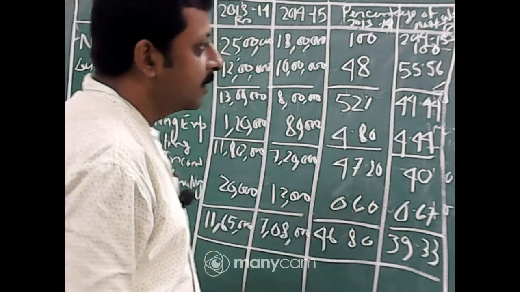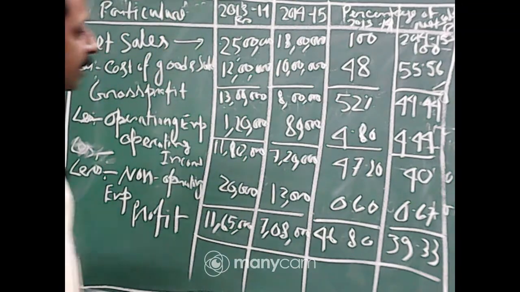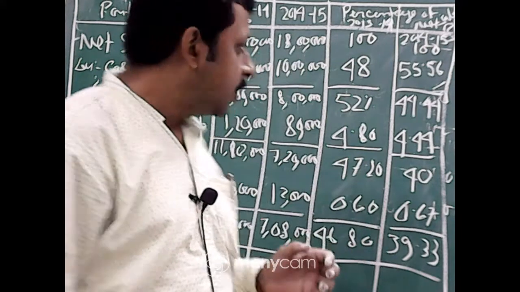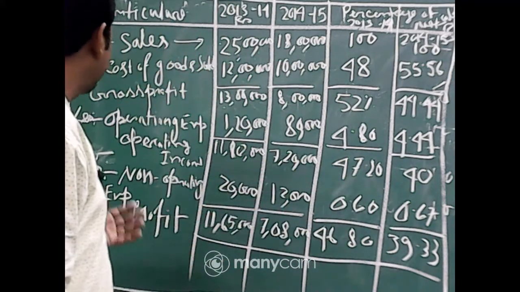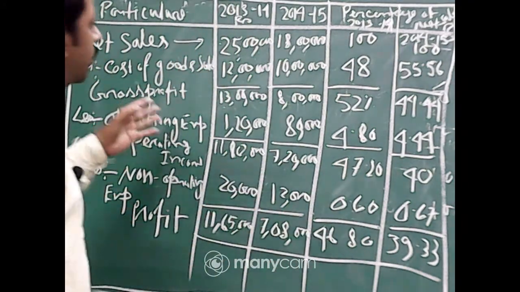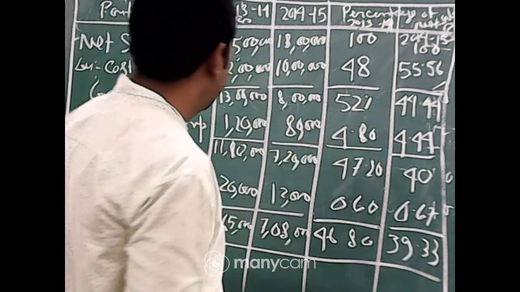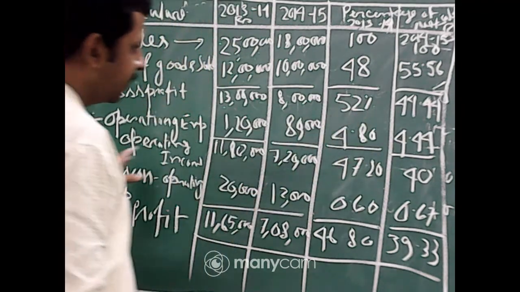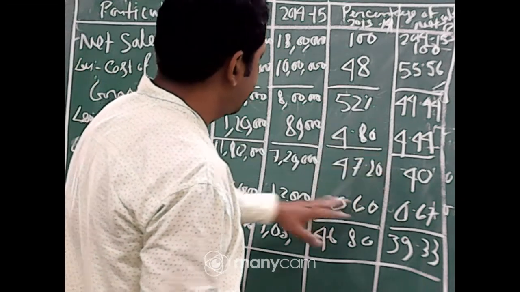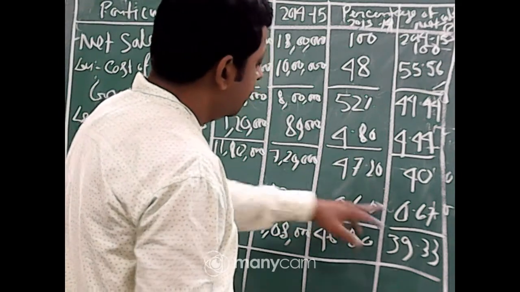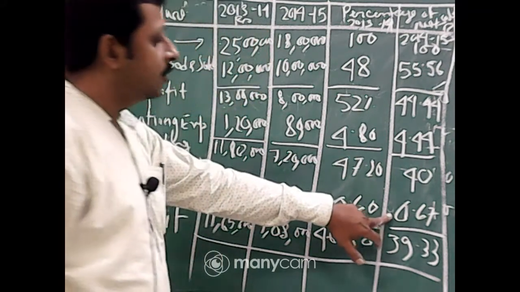So there is a decrease. There is a decrease of net profit in current year as compared to previous year. So why it decreases, you have to see, because though your cost of goods sold is not very high, and your operating expense also is not very high, but your non-operating expense is high, there is 0.61%.